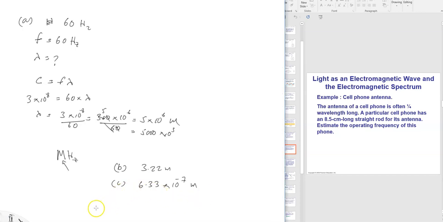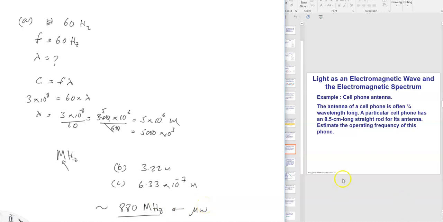The answer should be around 880 megahertz. Okay. Alright, and then go back to the spectrum and see what this frequency is. I'm sure this is in the microwave range.